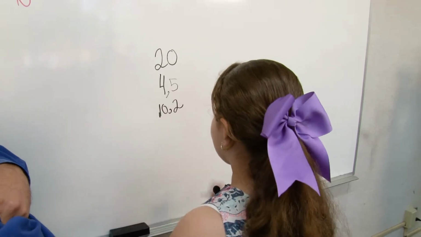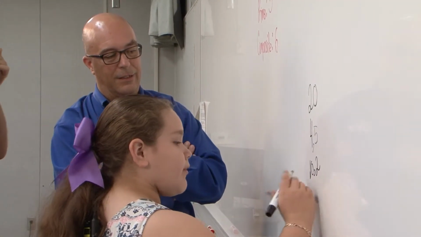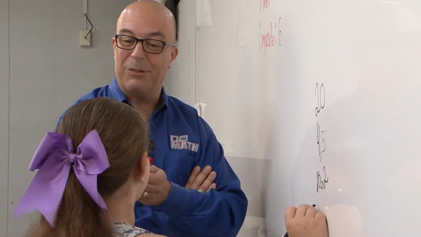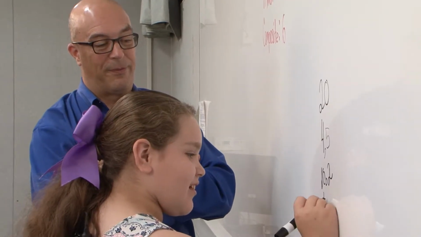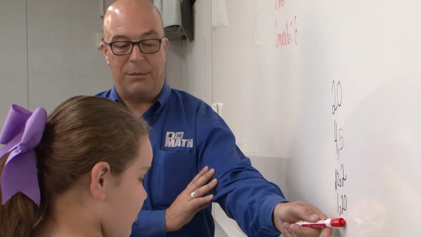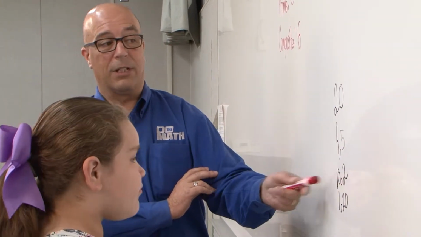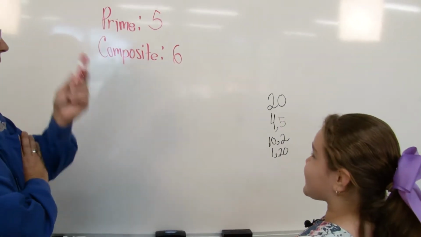Good. We always have 1, right? 1 and what? 20. Okay, so write those down. We don't want to forget those. So it has the 1 and the number itself, and it has other numbers, right? It has other factors that go into it. So where does 20 go? Prime or composite? Composite. All right, put it up there.